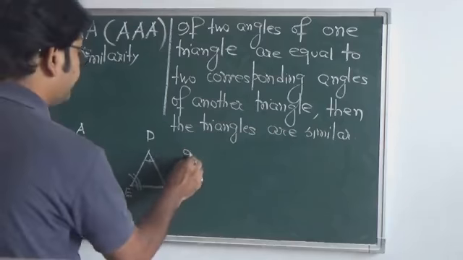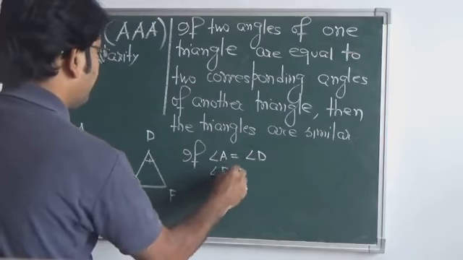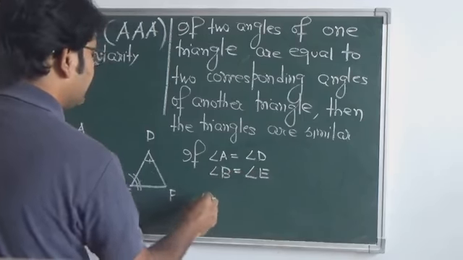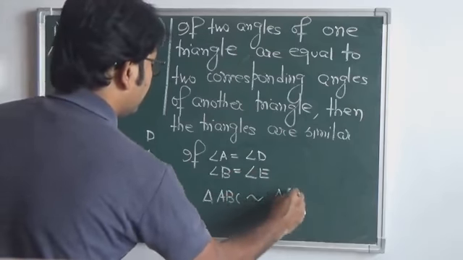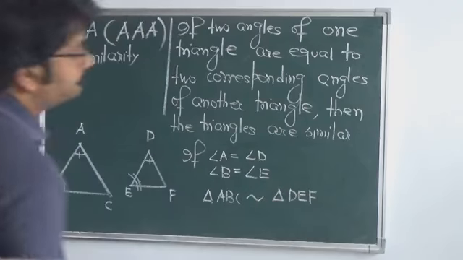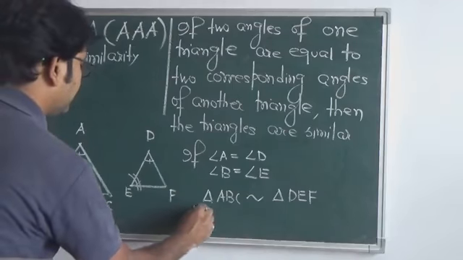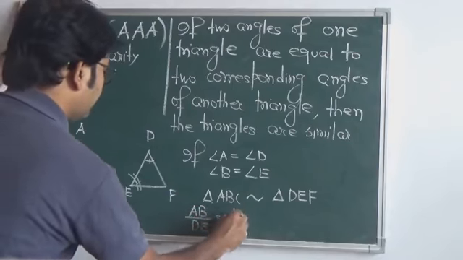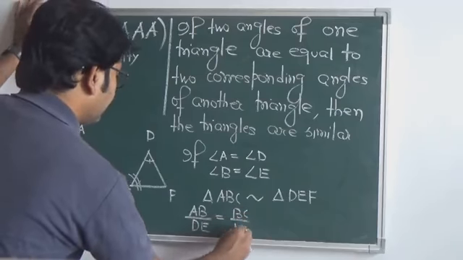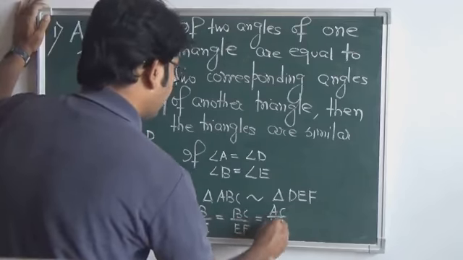So if angle A equals angle D, angle B equals angle E, then you can say triangle ABC is similar to triangle DEF. And when they become similar, then automatically we have the sides proportional. AB by DE is equal to BC by EF is equal to AC by DF.